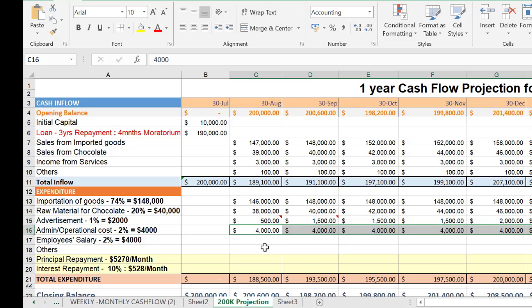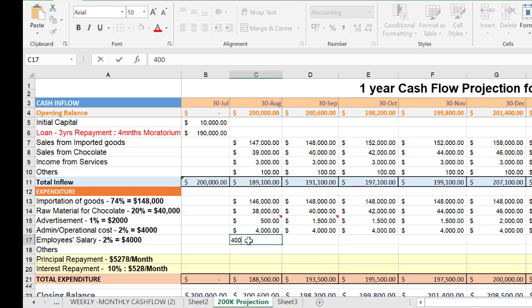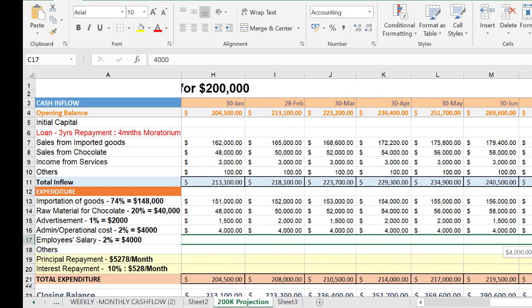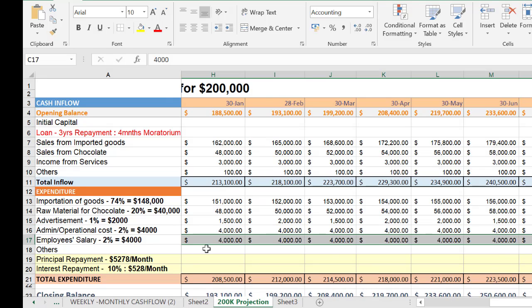Employee, same thing. This is the salary you pay to your staff. So per month you spend $4,000 in salary.